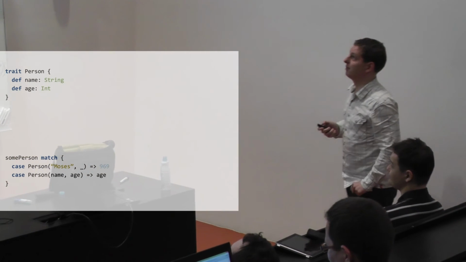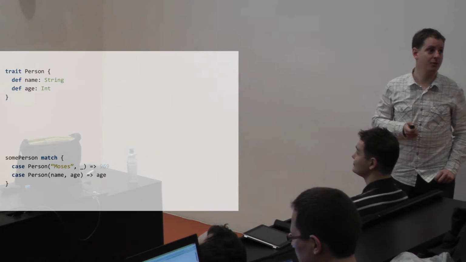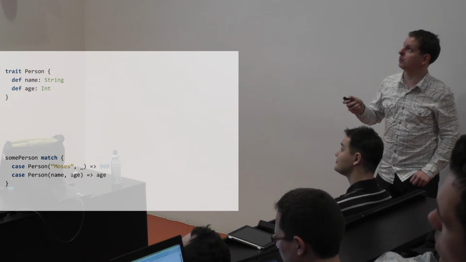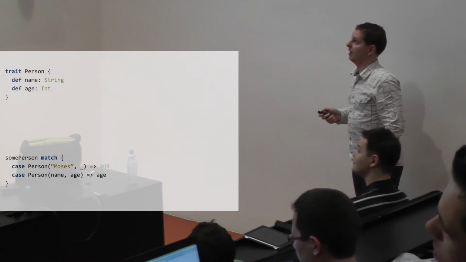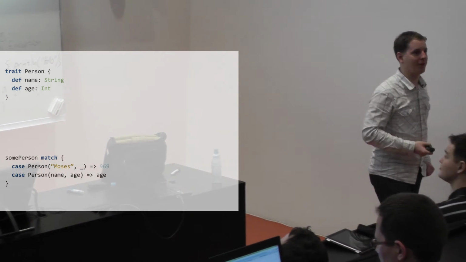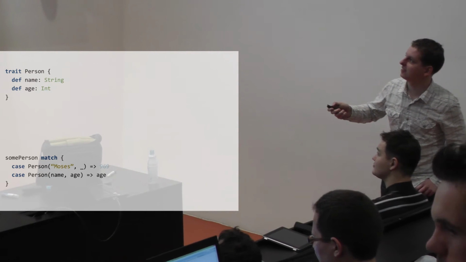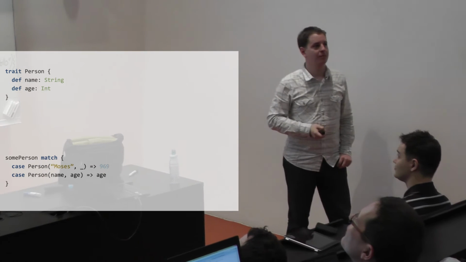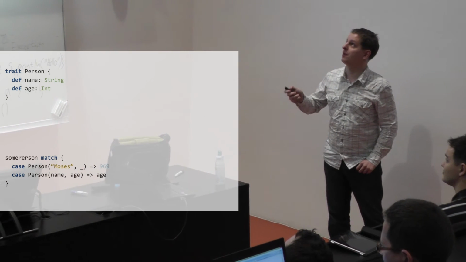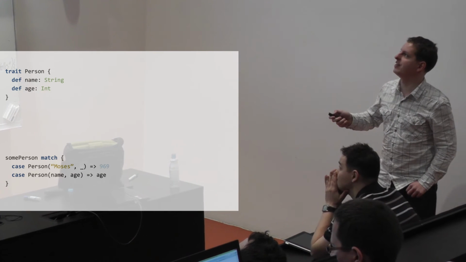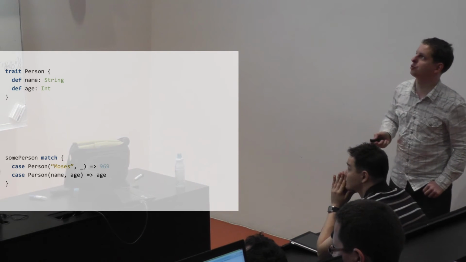We have another trait, Person, which has two methods, name and age. Name is String and age Int. And we would be happy to pattern match it like this. But there is no constructor named Person. Person is a trait. It's not a class. It doesn't have fields of type String and Int.